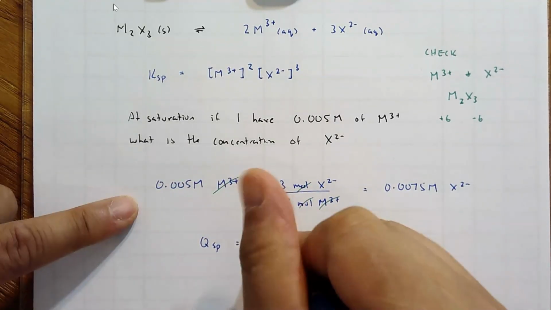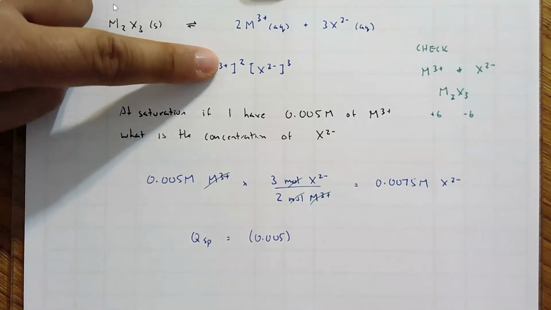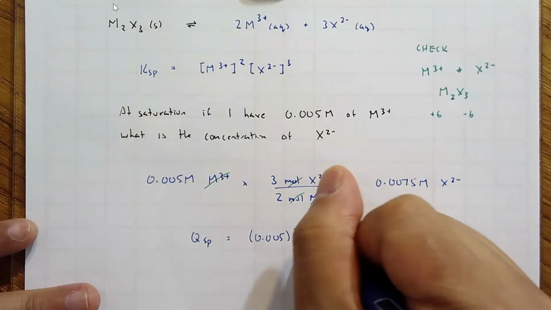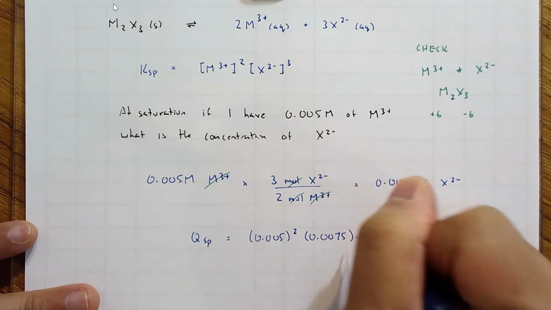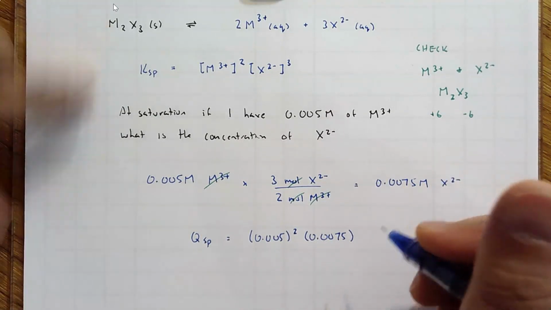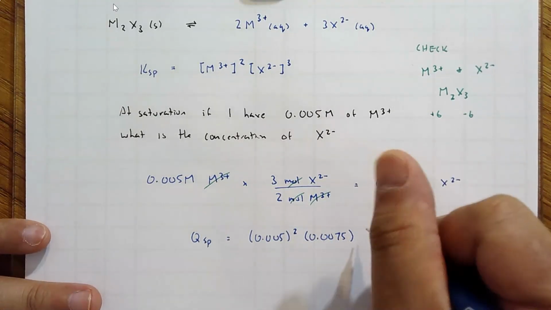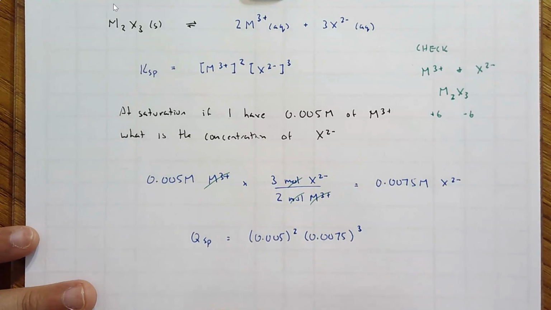And you have 0.005, but don't forget it's squared. There's a lot of things to remember when you do these types of problems. And we'll formally do several problems like this with real compounds in the next couple of videos. And this is cubed.